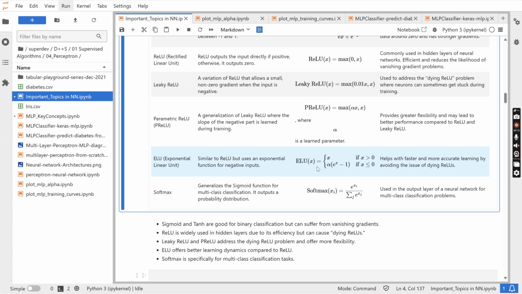If the numbers are negative or 0, it multiplies alpha, the learning parameter, with e to the power x minus 1. That's the standard value. How did it come? Don't worry about it; there is a lot of mathematics behind it. Just remember that it multiplies alpha into e to the power x minus 1 if x is less than or equal to 0. This helps in faster and more accurate learning, and also solves the problem of dying ReLU.